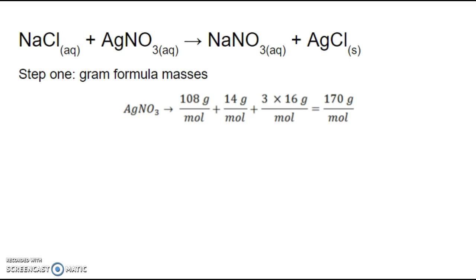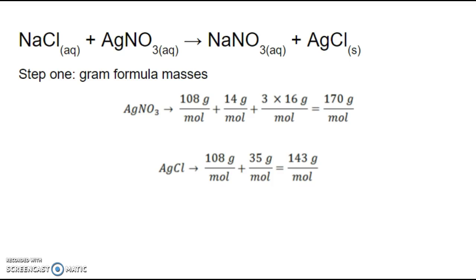So this one's a little bit easier. I had 108 grams per mole for my silver, plus 35 grams per mole for the chlorine, and that totaled to be 143 grams per mole for the silver chloride.